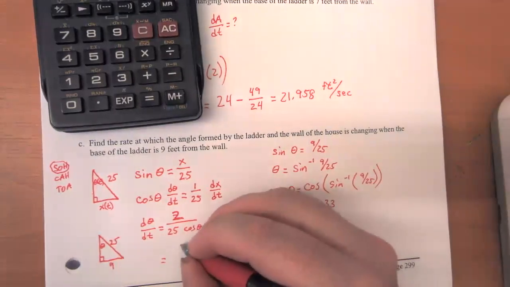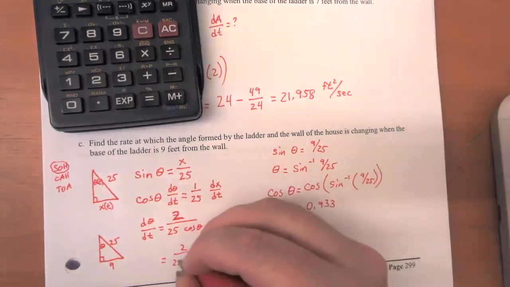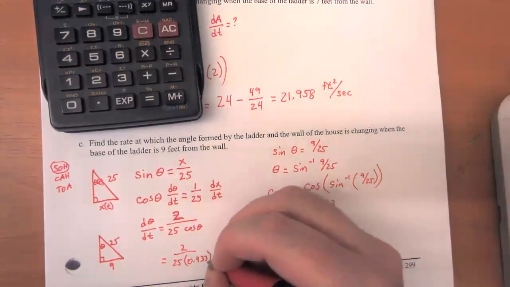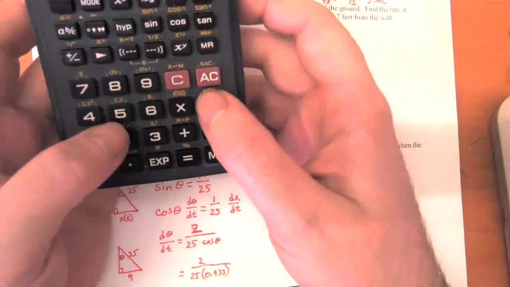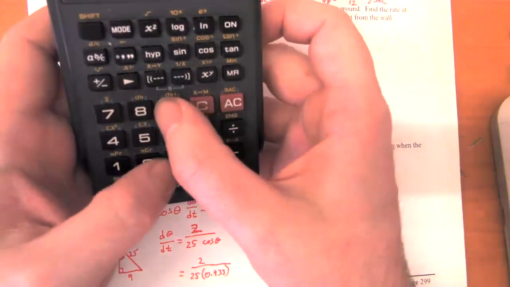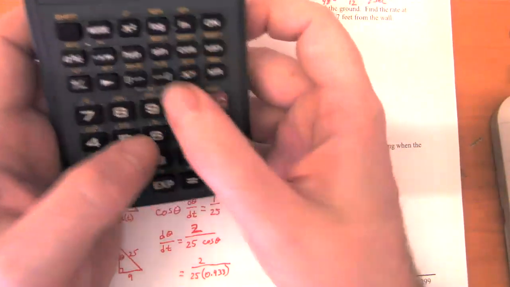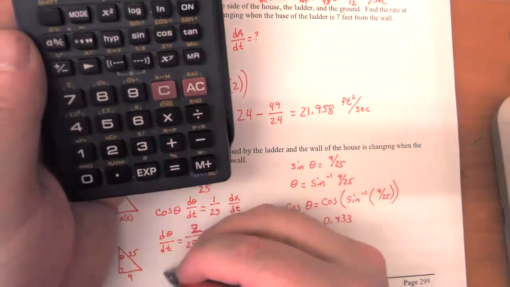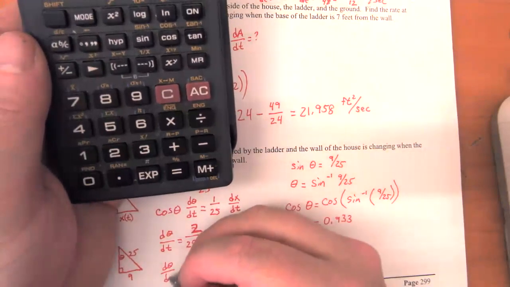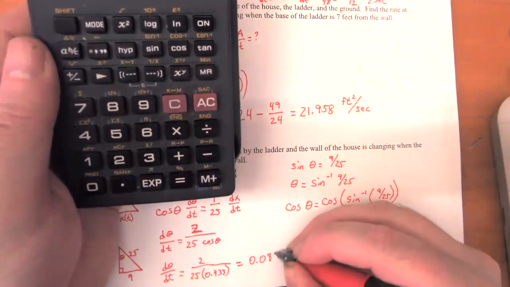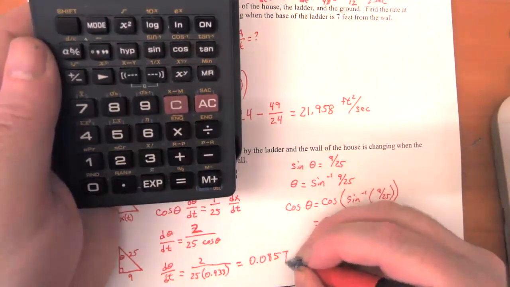All right, and now I'm going to substitute that into here. That's equal to 2 over 25 times 0.933. 2 divided by 25 times 0.933 is equal to this. All right, so d theta dt, the rate of change of the angle, is 0.0857.